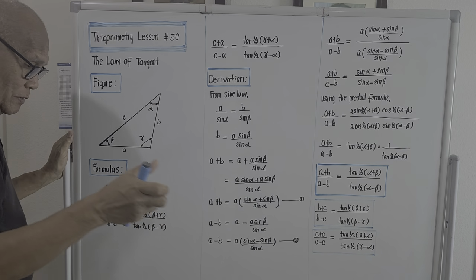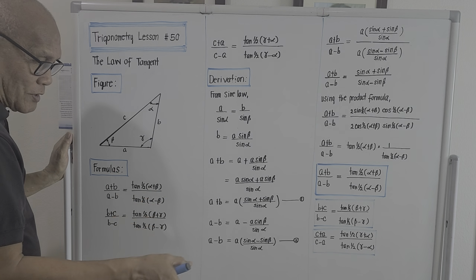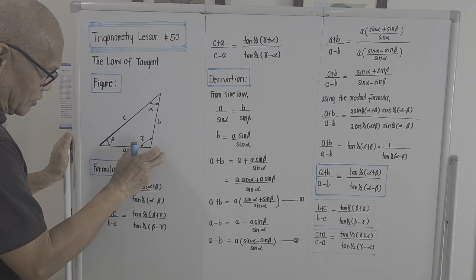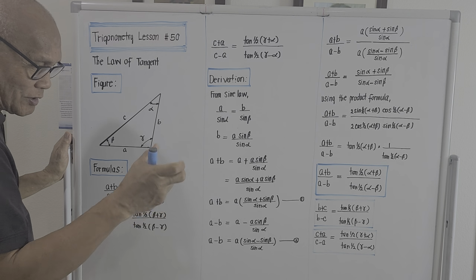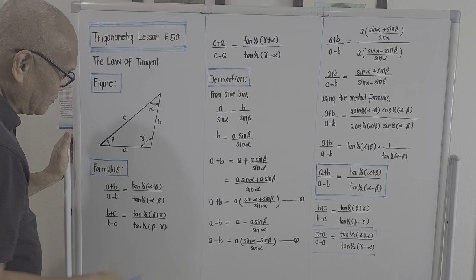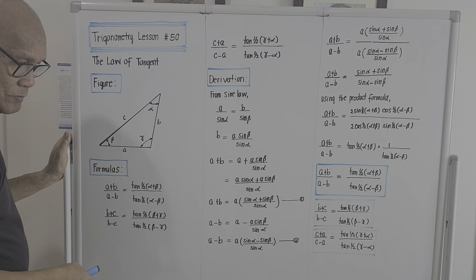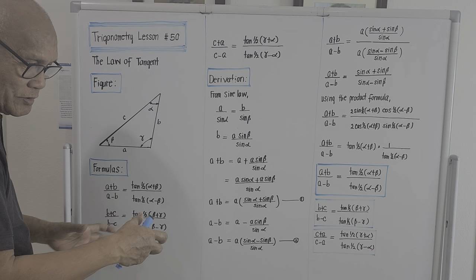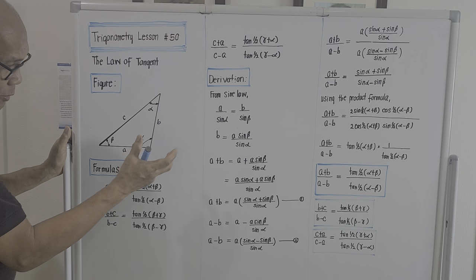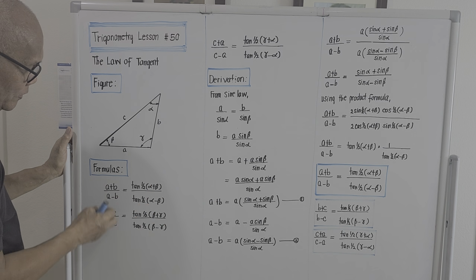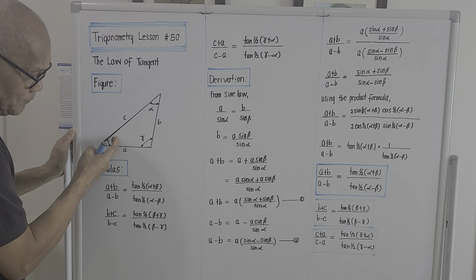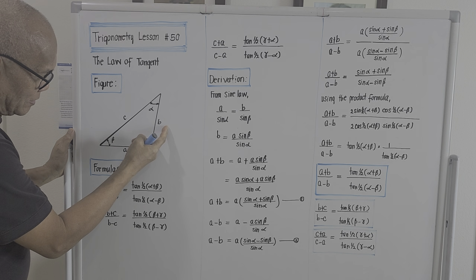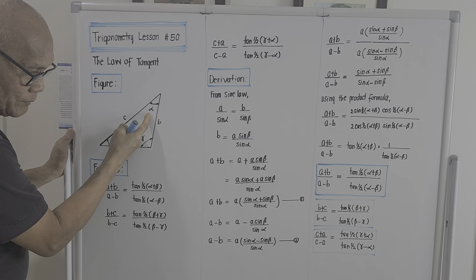The figure for the so-called sine law, cosine law, and tangent law is still the same. The designations are still the same, right? So, I will try to bring out the figure. This is angle beta. The corresponding side of it will be side B. This is angle alpha.